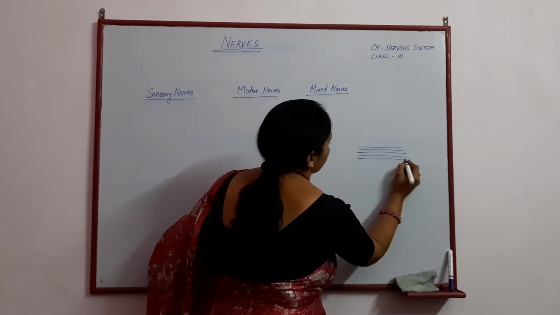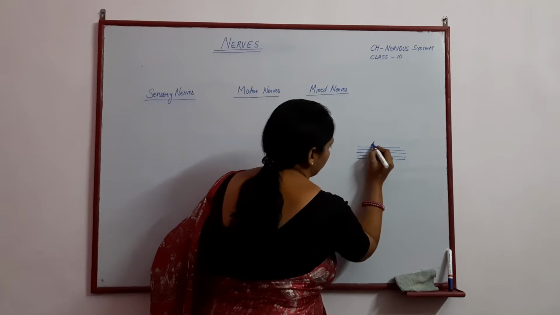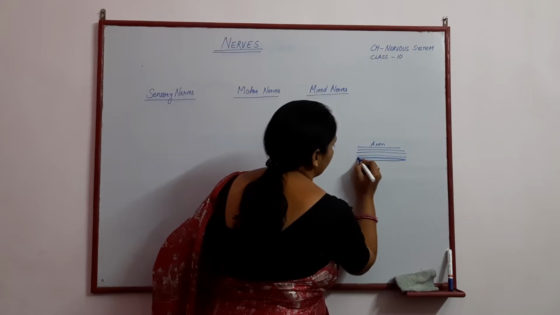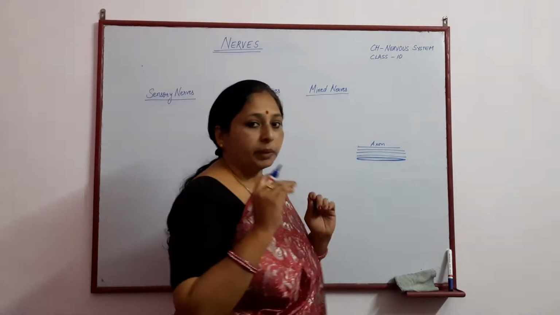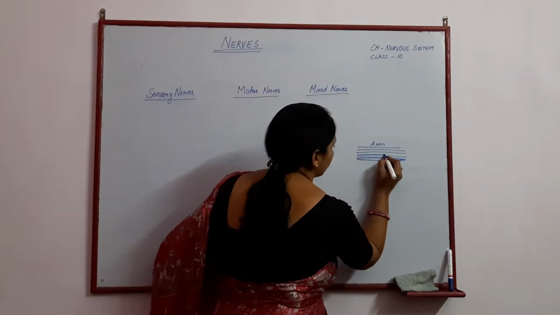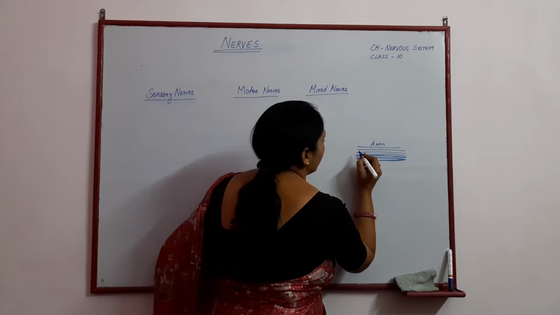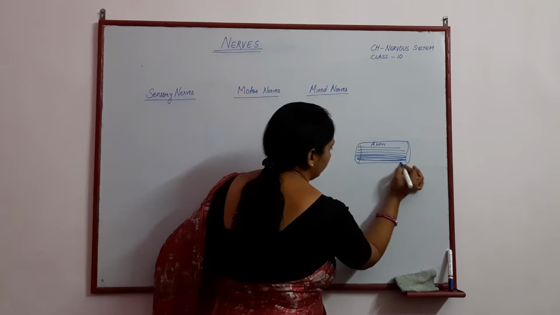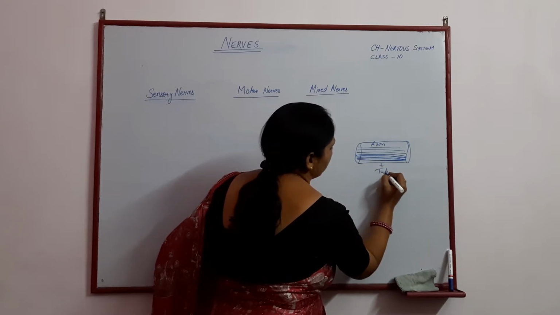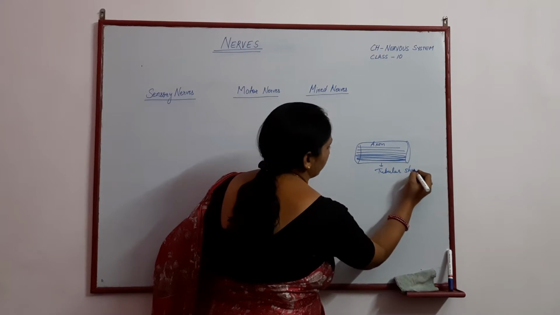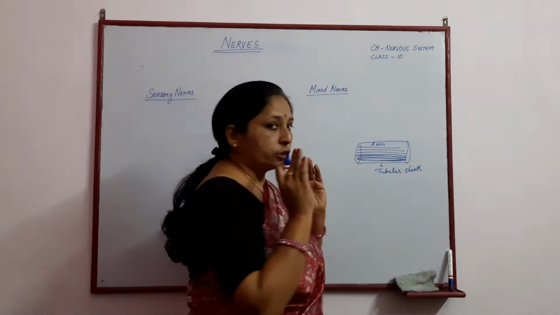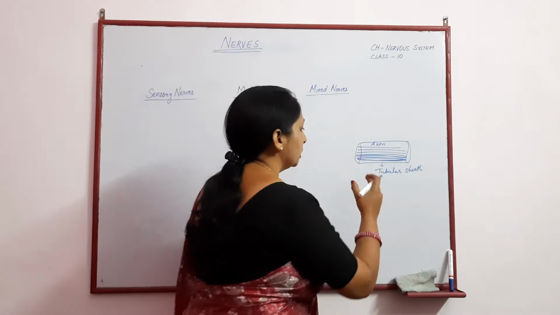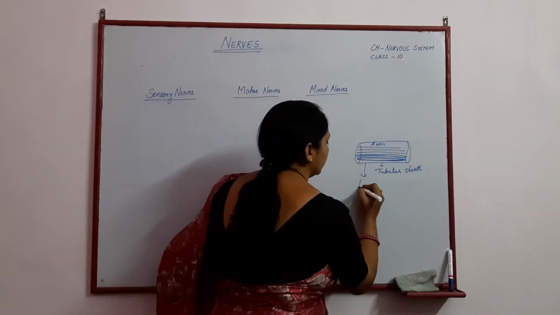Neurons are arranged in such a manner that the axon is covered all around with a myelin sheath, and when the axons of various neurons are bundled together in a tubular sheath, then it is termed a nerve.